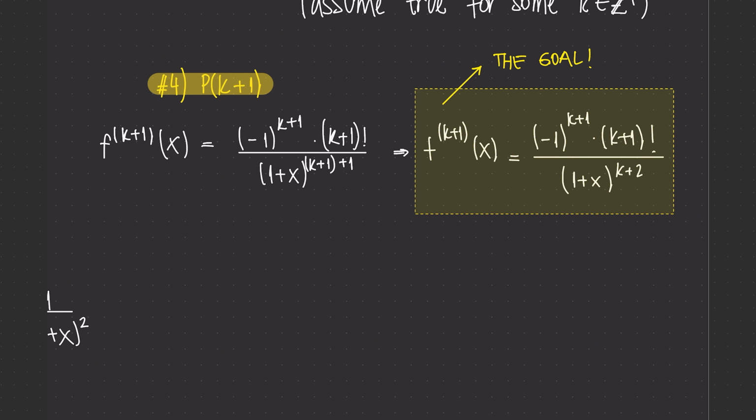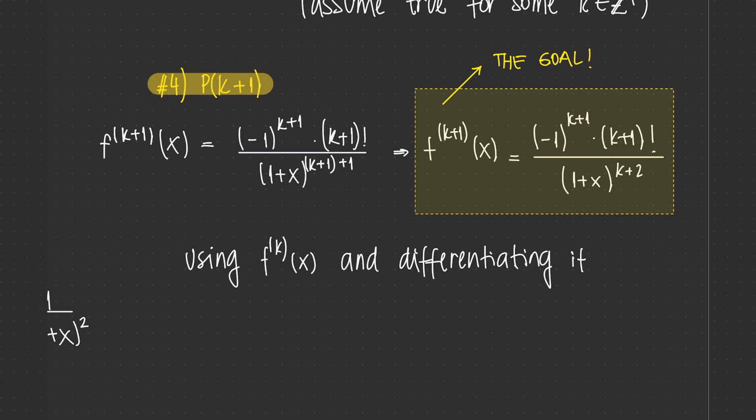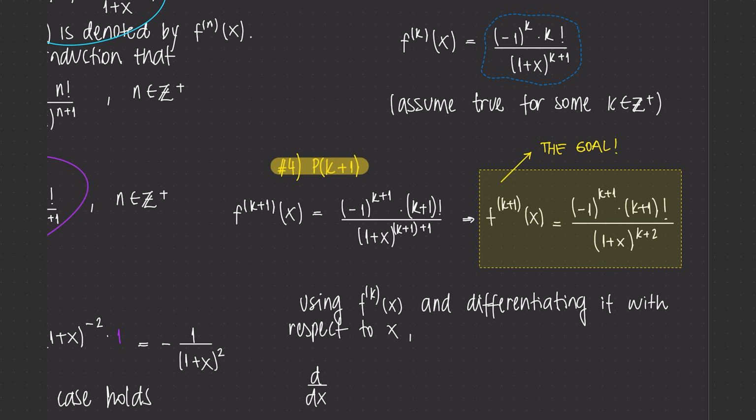Now how do we get to the goal? We're going to use the kth derivative of f, which is our assumption, our inductive hypothesis, and we're going to differentiate it with respect to x. So we're going to find d/dx of this guy right here.